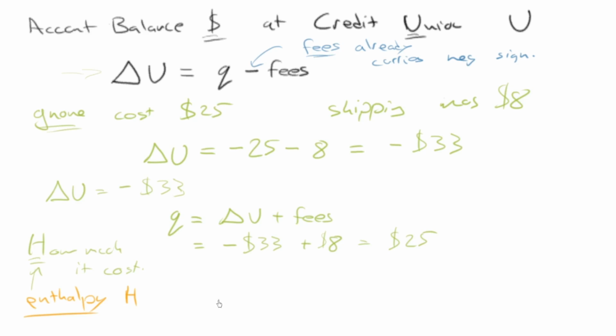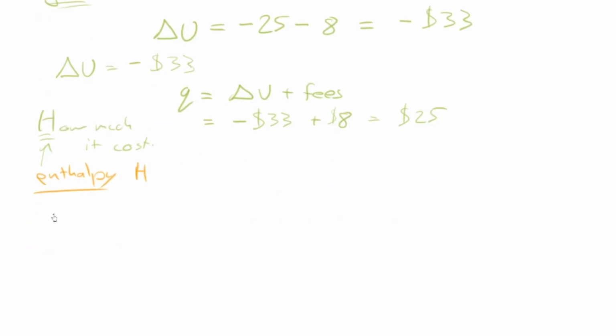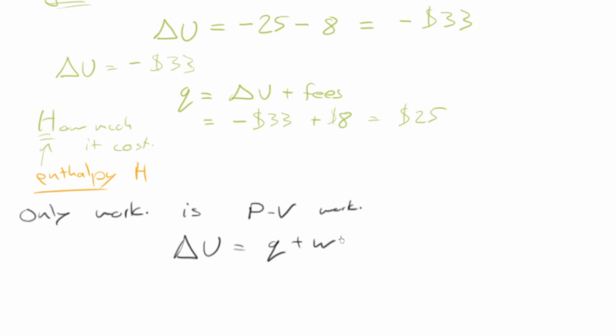In most of our processes as engineers, the work we encounter most of the time is so-called pressure-volume, or PV, work. So if I write the first law, delta U is equal to Q plus W, I could replace W with the work term.